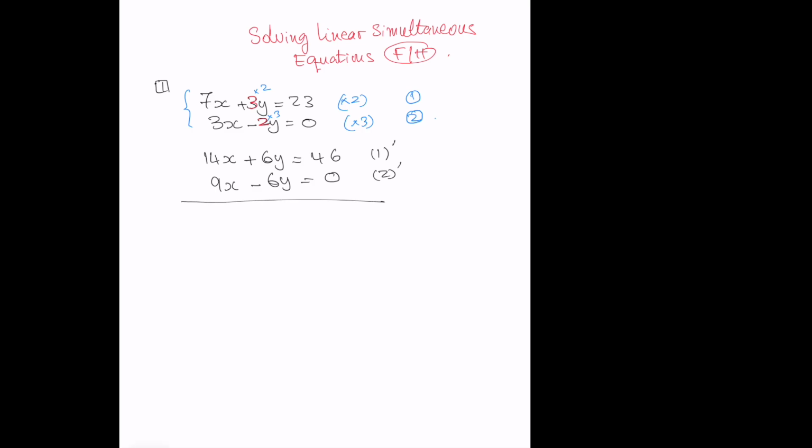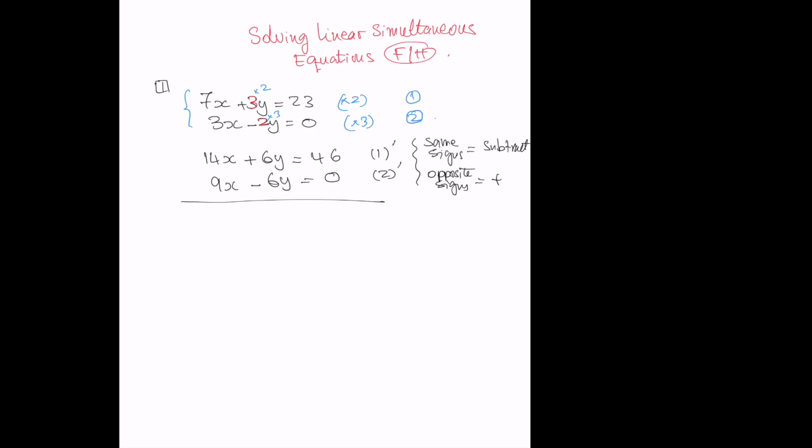And let me show you something that can help you. So remember, when you have the same signs, like plus plus or minus minus, subtract. But if you have opposite signs, just add.